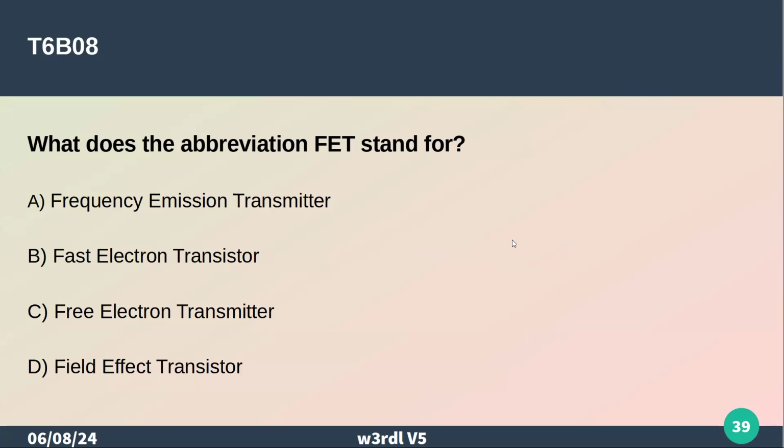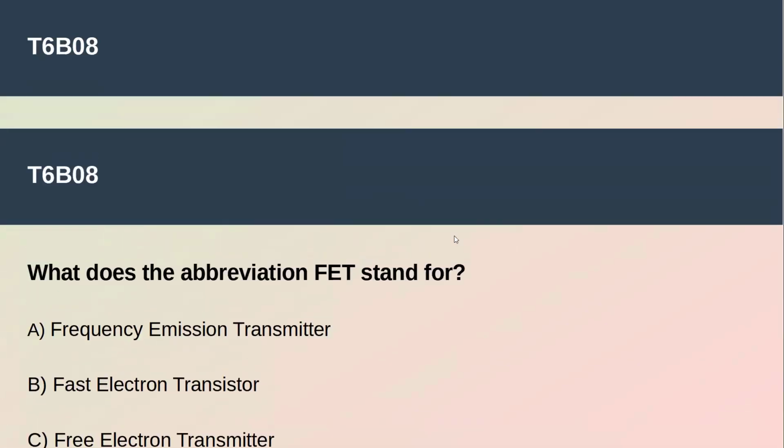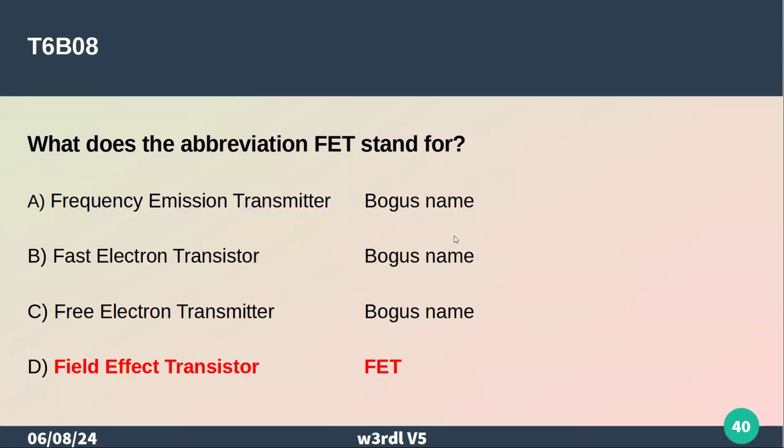What does the abbreviation FET stand for? Delta? Go along with that, Rick? See? You want to make sure you're awake. Oh, I'm awake.